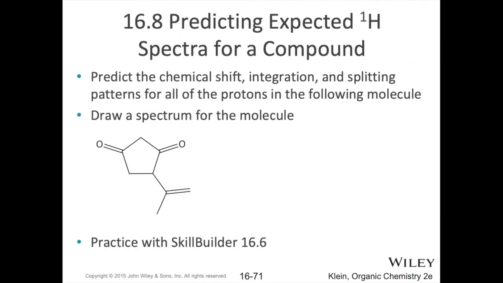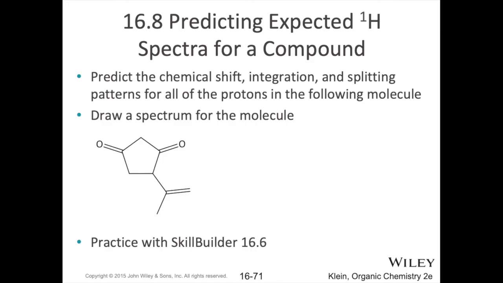Okay, so here's where we kind of bring everything together. Let's look at a molecule like this one and identify all the protons in there. First of all, ask yourself, are any of these protons equivalent? How many different signals, how many peaks, would we expect to see? Then predict roughly where they'll show up, so roughly what their chemical shift is going to be.